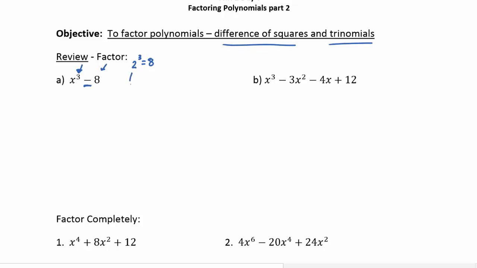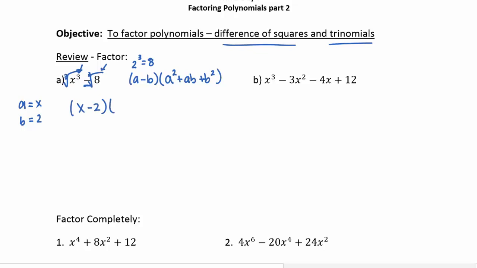The formula that we use is (a minus b) times (a squared plus ab plus b squared). We talked about this last time. We have to find a and b, and we do that by taking the cube root. So a is x and b is 2. I'm going to have x minus 2.